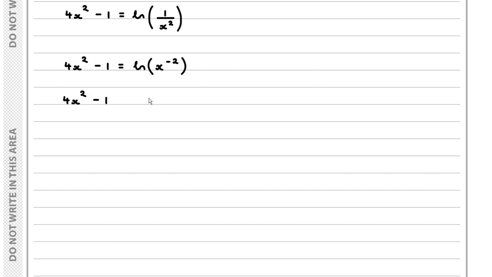If we now use the power law of logs on the right hand side, the natural log of x to the negative 2 is the same as negative 2 times the natural log of x. And so if we simplify, we can conclude 4x squared plus 2 times the natural log of x subtract 1 equals 0. And so alpha satisfies this equation.